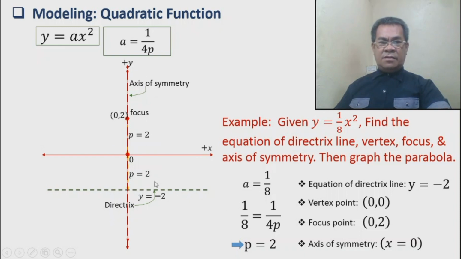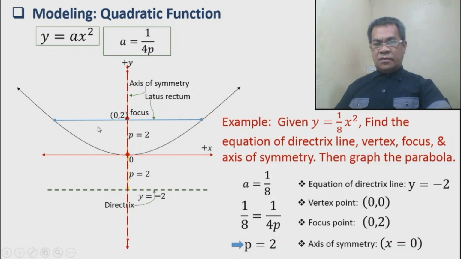So therefore, we are now ready to, by the way, take note that this is the latus rectum. If these are the end points of the graph, the end points of the graph will be the latus rectum. The length of this is the semi-latus rectum, but the full length is the latus rectum itself.